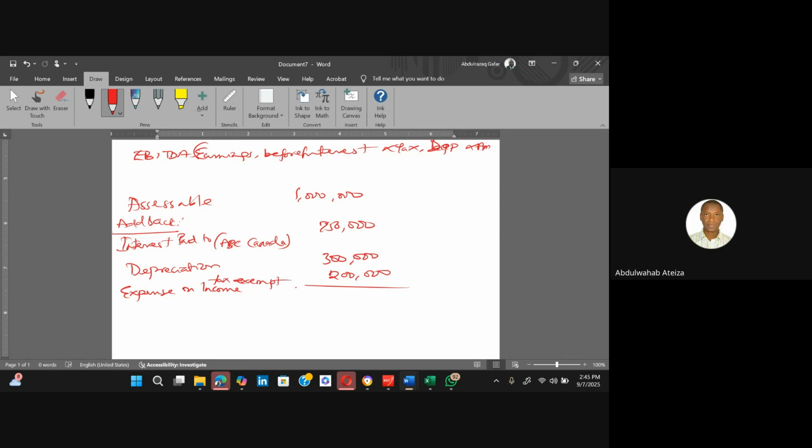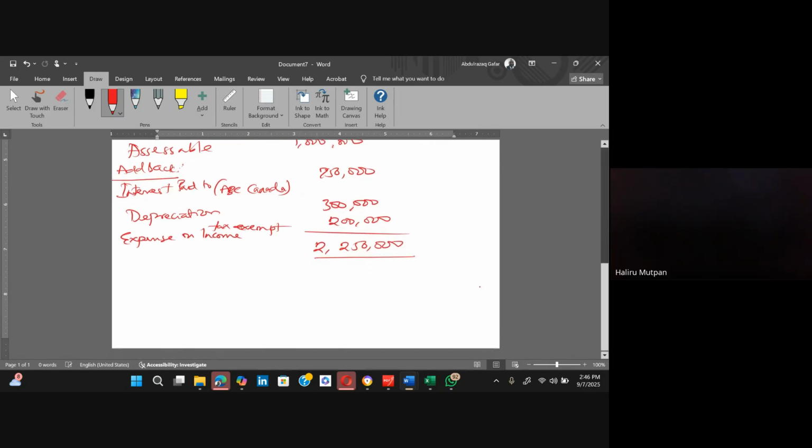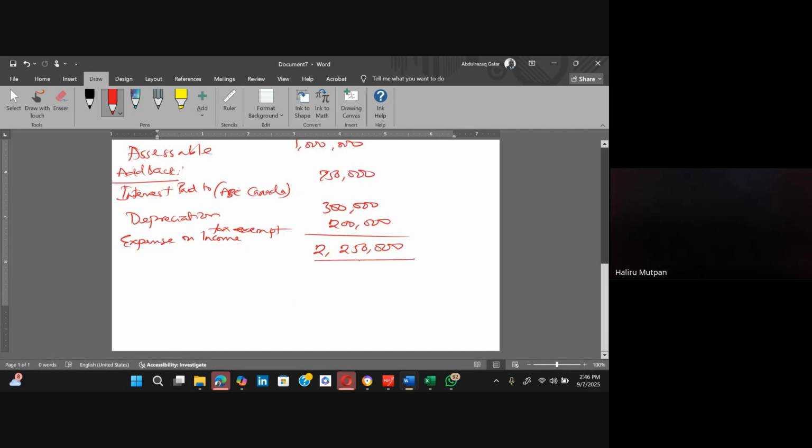This one 2.050 million. What's the total answer? 2,250,000. So this is then, which means this is our what? This is our EBITDA. This is our EBITDA.